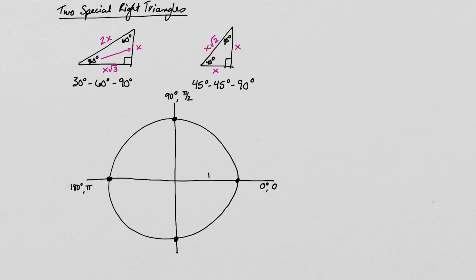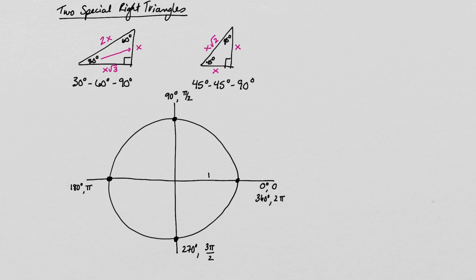We have this point here, which is 270 degrees, or 3 pi over 2 radians. And then we're back to where we started, but if we had gone all the way around once, then we can also say that this is 360 degrees or 2 pi radians.